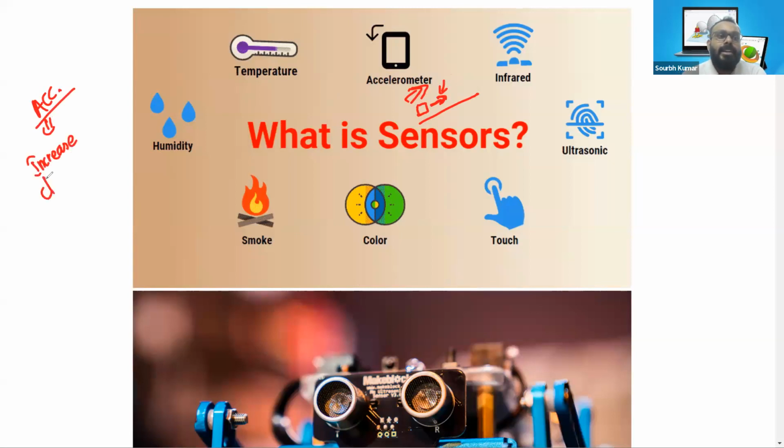Or we can say not only increase, but increase as well as decrease in velocity, because we do have acceleration and deceleration as well. So we can say that acceleration is all about change in velocity, or the rate of change of velocity.